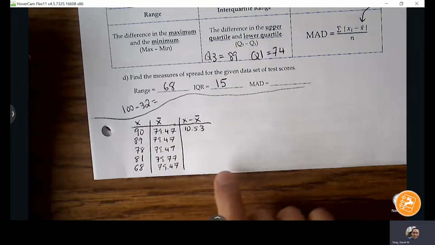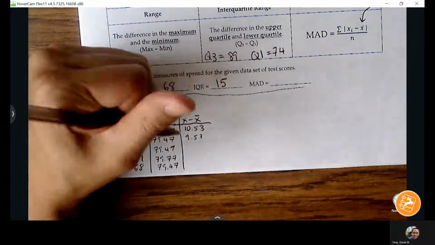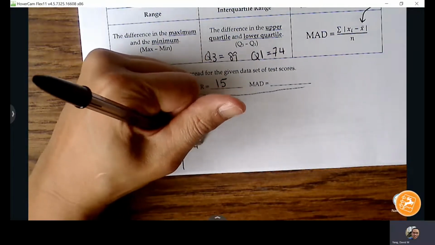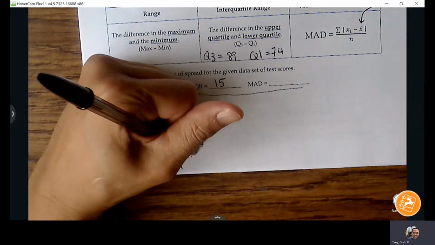Nine minus 79.47. Again, if you get a negative number, just make it positive.